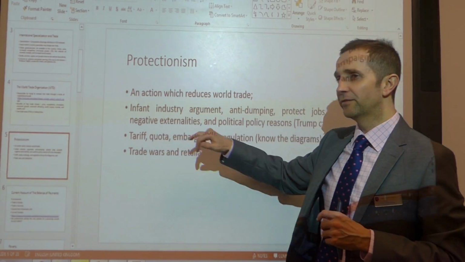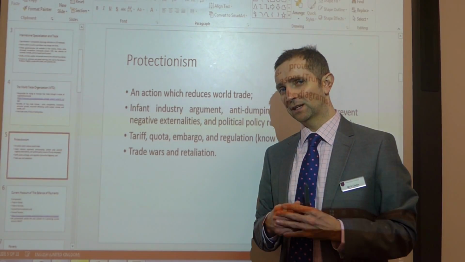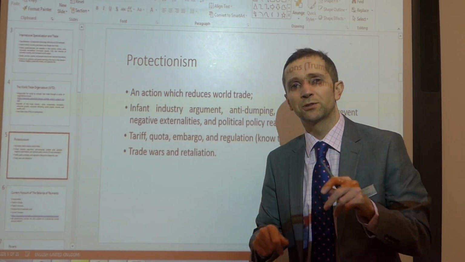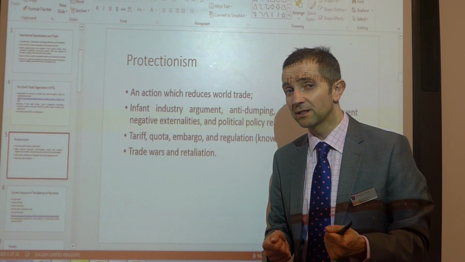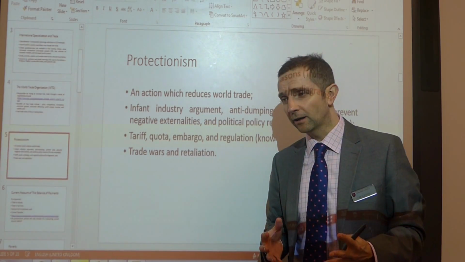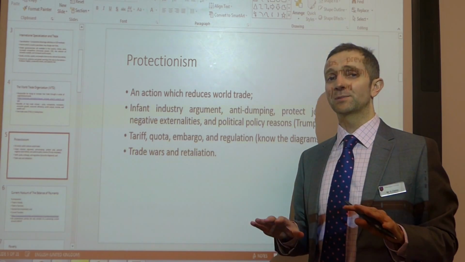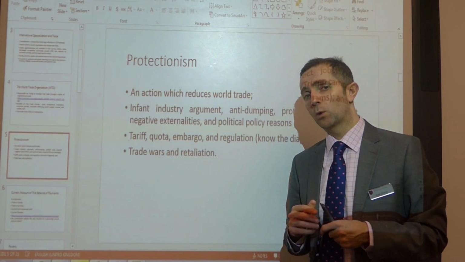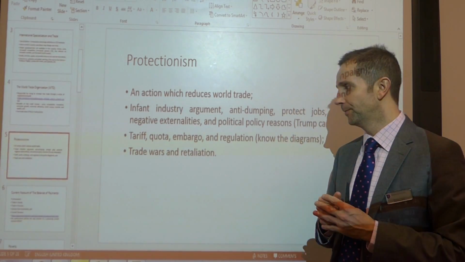Prevent negative externalities. Now, of course, international trade, Professor Joseph Stiglitz, I think, puts this best. International trade results in the race to the bottom. And what did he mean by that? He meant that firms, particularly multinational companies, seek out countries where the regulations, particularly with regard to emissions, are the absolute lowest, where wages are the lowest, where workers' rights are minimal if non-existent, and they exploit that.